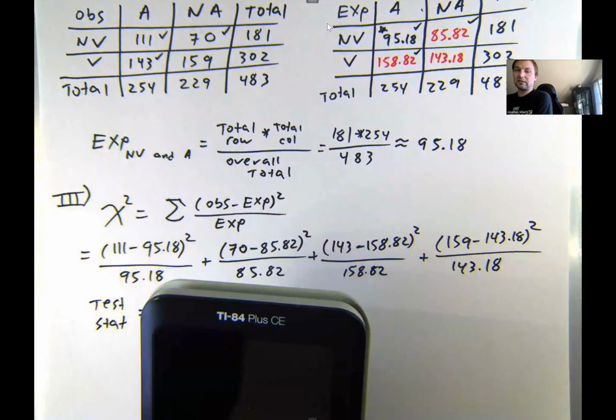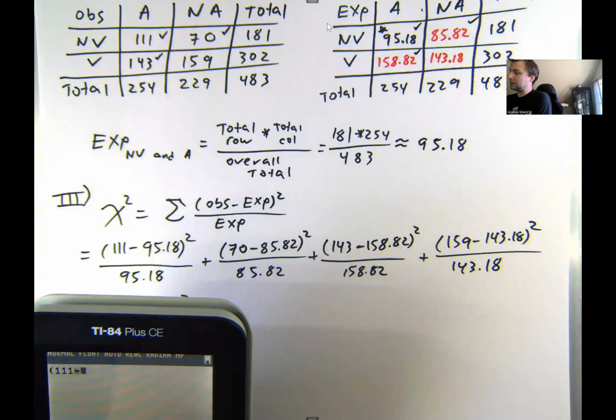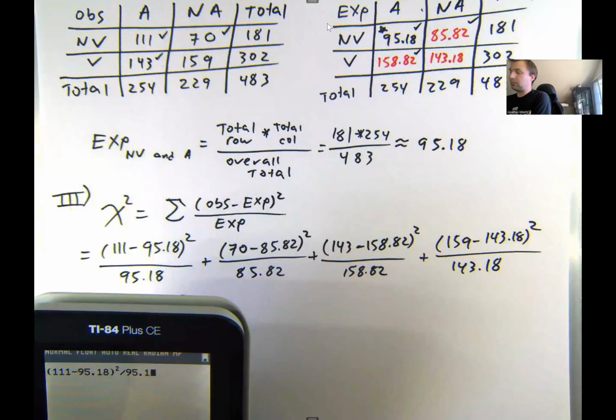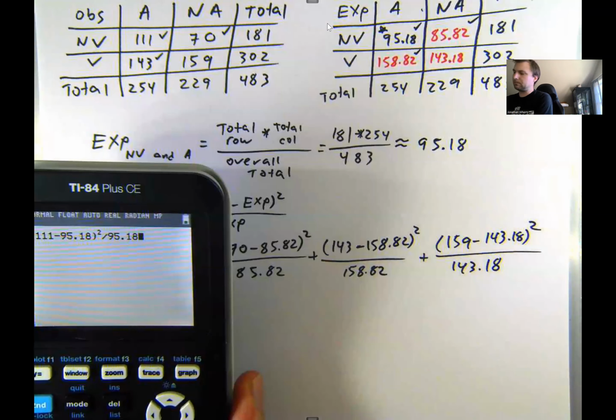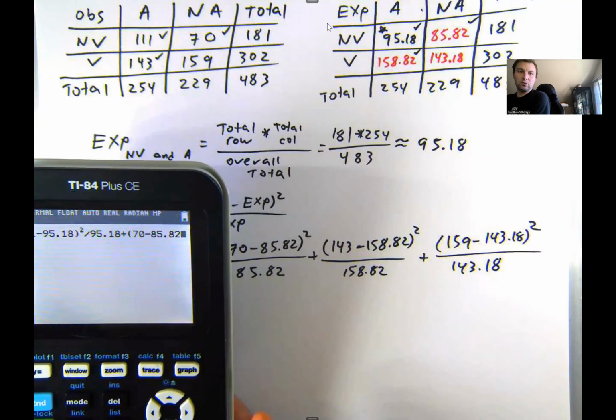I'm going to type it in exactly how it looks. So I'm going to type in that first 111 minus 95.18 squared divided by 95.18, and then I'm going to move my calculator up. 70 minus 85.82 squared divided by 85.82.